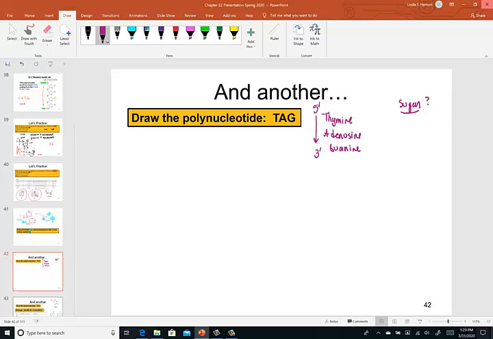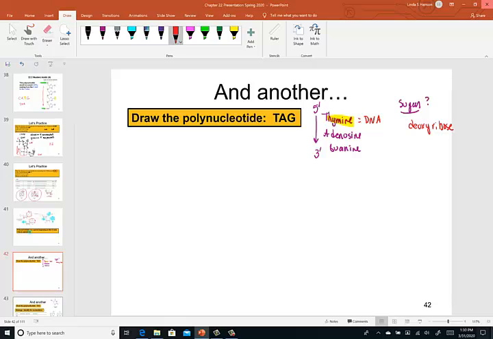The reason we can know that is by the presence of the base called thymine. Thymine is unique to a DNA molecule. DNA has thymine, RNA replaces thymine with uracil. So here I know the sugar is deoxyribose.